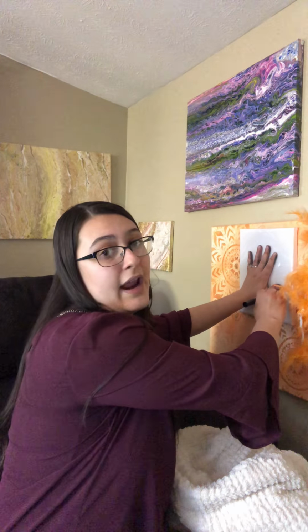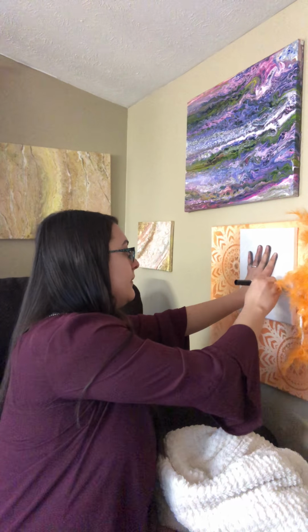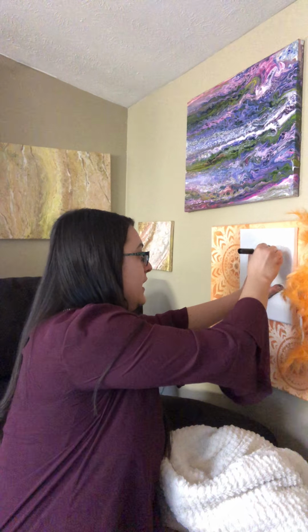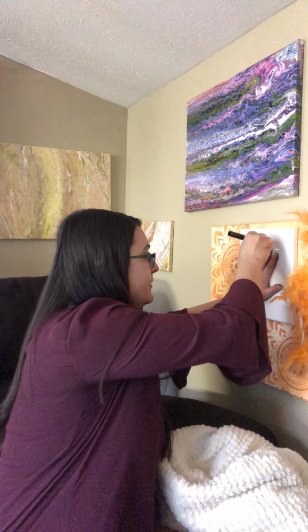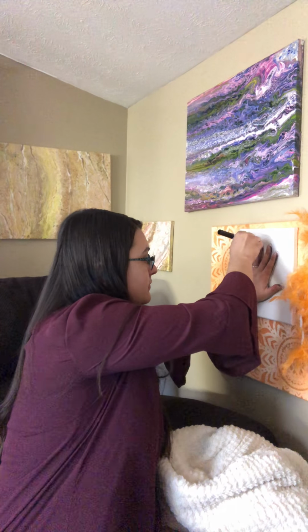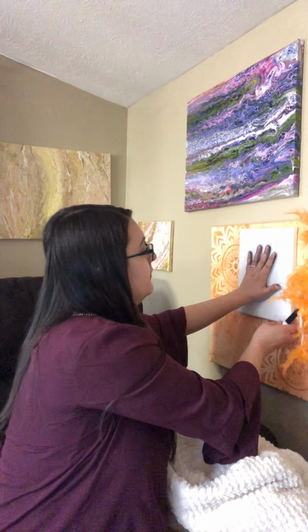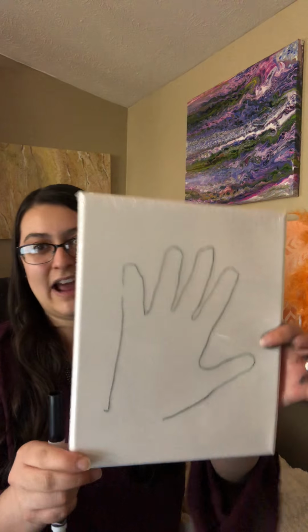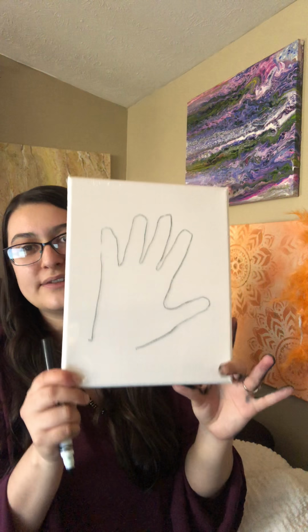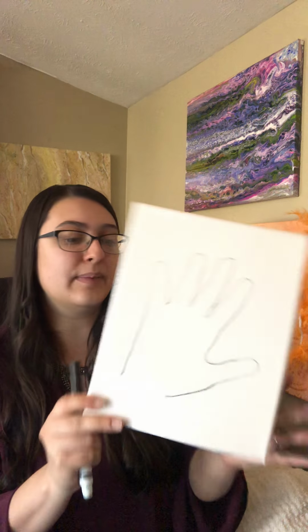So you're gonna lay your hand flat and just trace over it with your pencil. And I have an outline of my hand now. So this is what I'm going to use for my assignment.